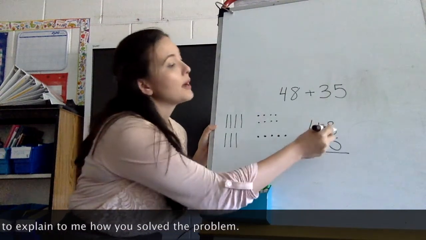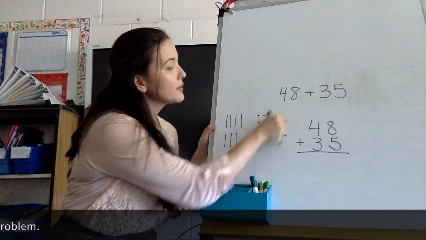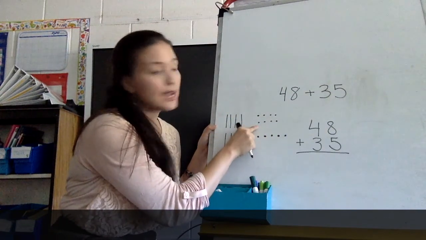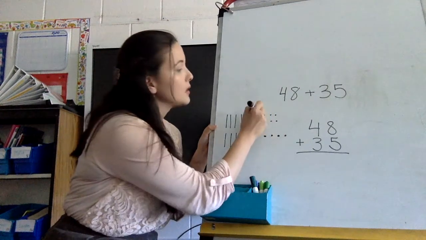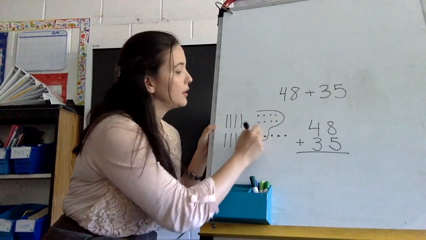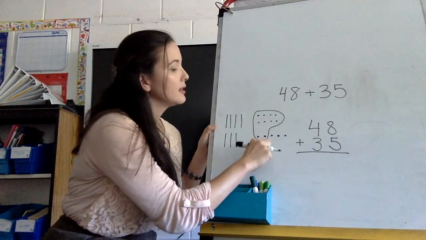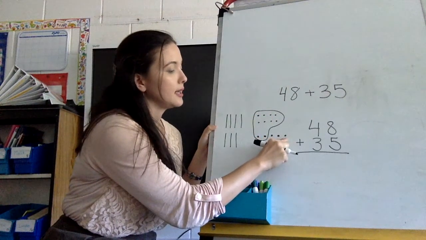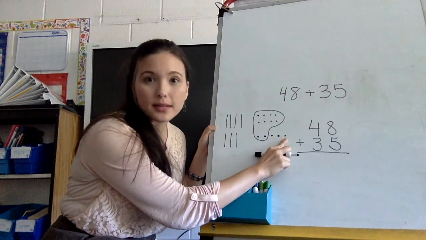Okay? All right, so 8 plus 5. Well, if I look over here, I already know this is 8. 8, 9, 10. Well, let's go ahead and draw a circle around this because we know that that is 10. 11, 12, 13. Okay? We know we cannot fit 13 into ones place.